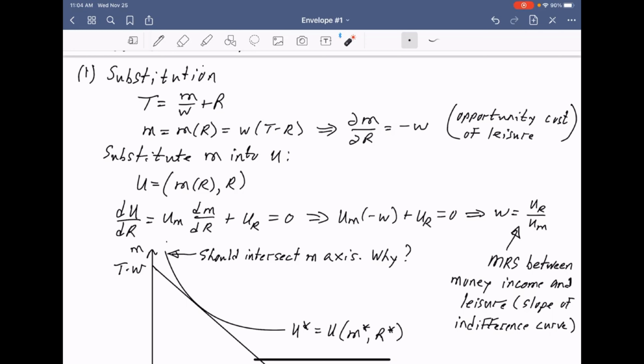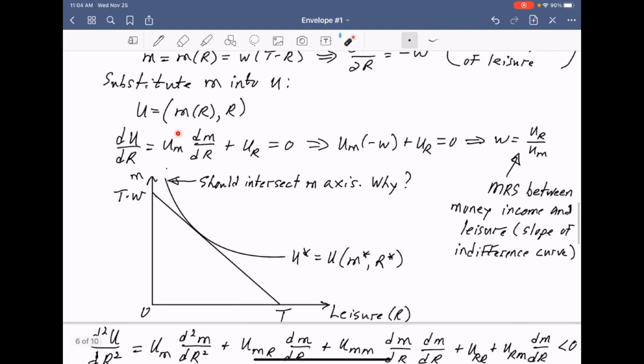So if we take the total derivative of dU/dR, we then get that the marginal utility of income times the derivative of the income function with respect to leisure time plus the marginal utility of leisure has to equal 0.